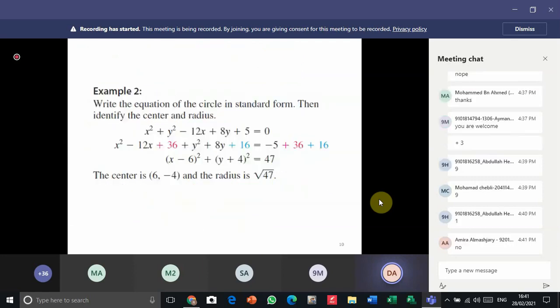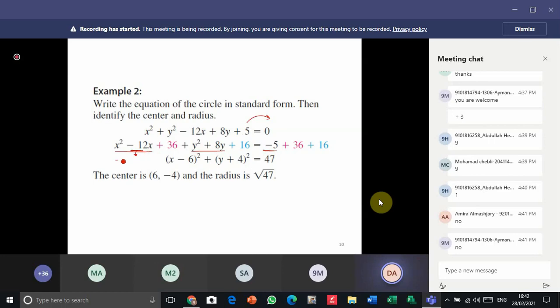Look at another example. We have x squared plus y squared minus 12x plus 8y plus 5 equals 0. So firstly, put the x with x, like this. And put y with y. And 5, move it to the other side. This is equal negative 5. Now, look at this negative 12.